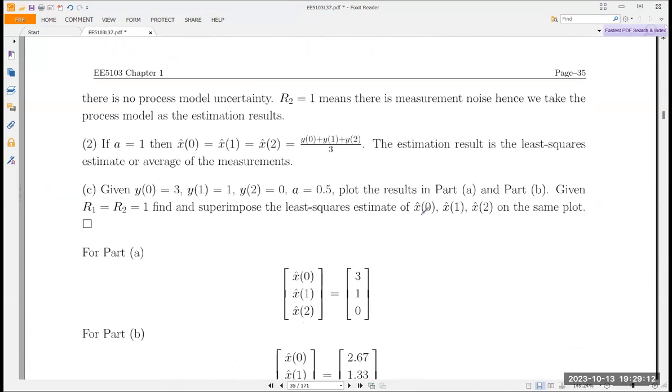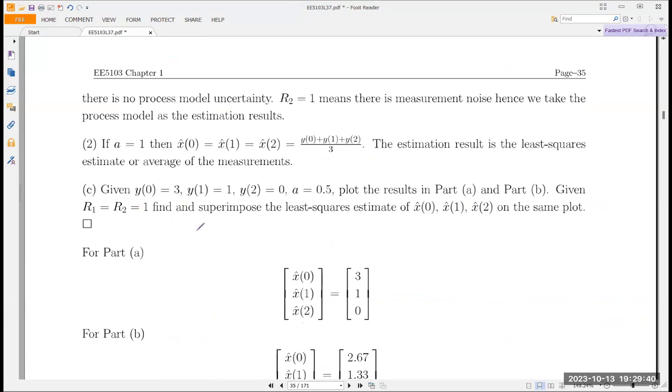Part C has noise on both, so you cannot follow part A or part B completely. You cannot trust the thermometer or the gun completely. You trust the gun a little bit, and you also trust the thermometer in your mouth a little bit. That gives you the interpretation: you don't follow the gun or the thermometer completely.